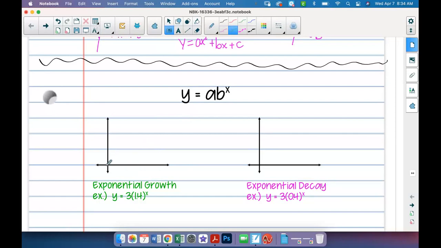Okay, so in exponential growth, the graph looks very similar to this. Okay, that's supposed to be curvy.